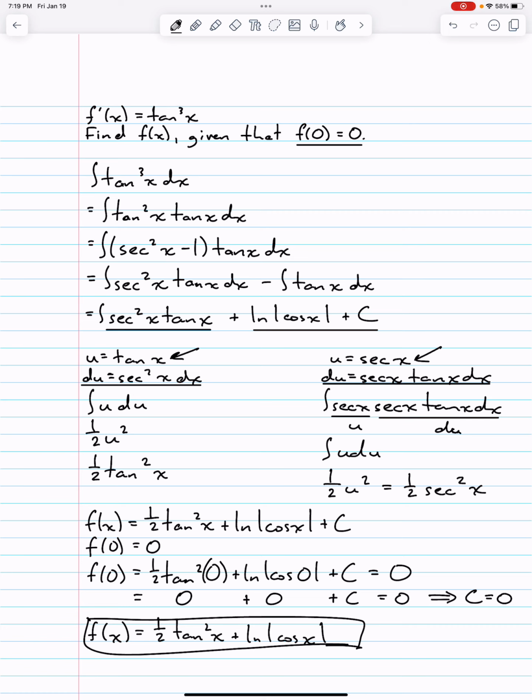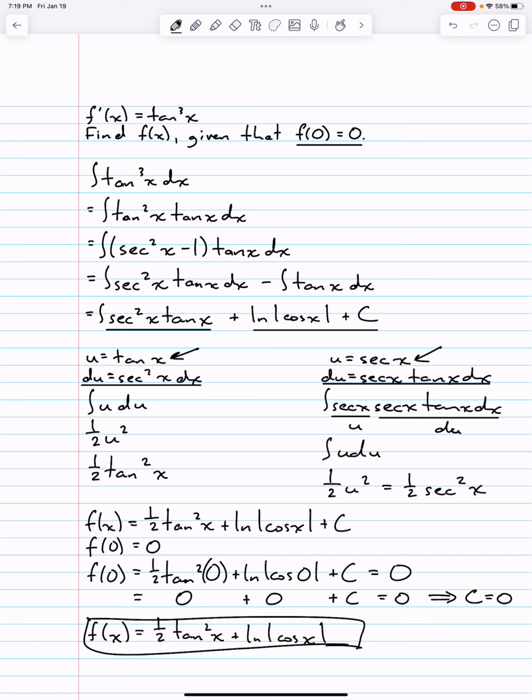But in the other case, if we want u to be secant of x, then du is going to be secant x tangent of x dx. So we need the power on tangent to be odd.